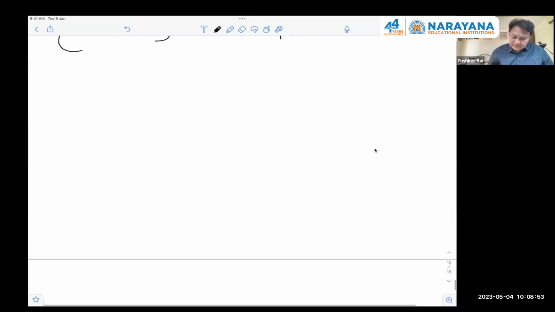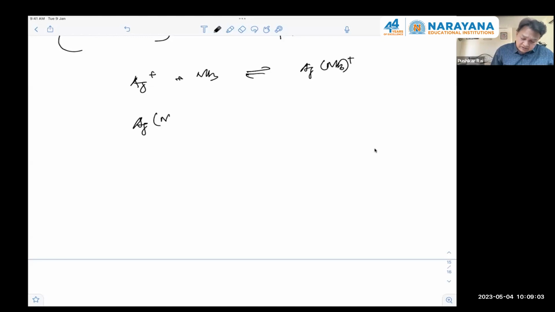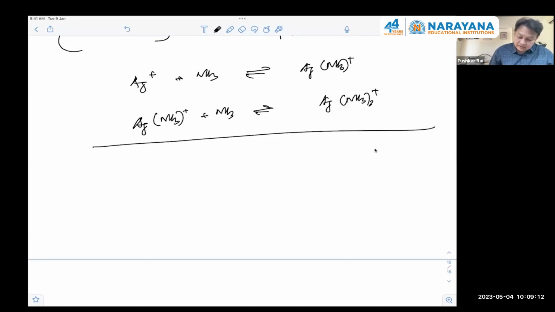And similarly some basic questions like this. When you solve a complexation equilibrium problem, Ag plus plus NH3 changing into Ag NH3 plus, and then Ag NH3 plus plus NH3 changing into Ag NH3 twice plus. The equilibrium constant is Kf1. This is Kf2. You call it like this. But you always try to solve the problem like this.